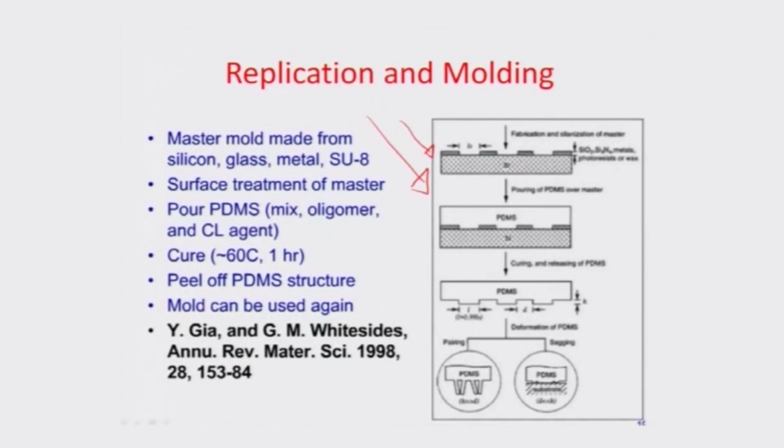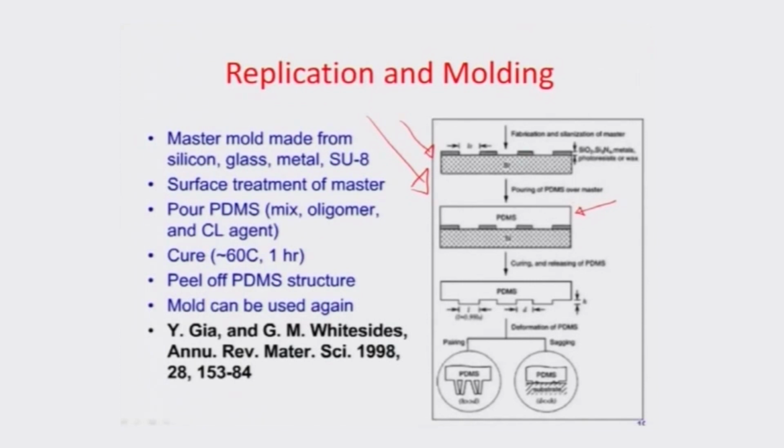After this treatment is over, you pour PDMS, which is available in liquid form, and it is a mixture of silicone matrix and a curing agent. You mix it in a proper ratio of 10:1 or 5:1 by volume, and the curing agent ensures the cross bonding between the silicone rubber of the material.